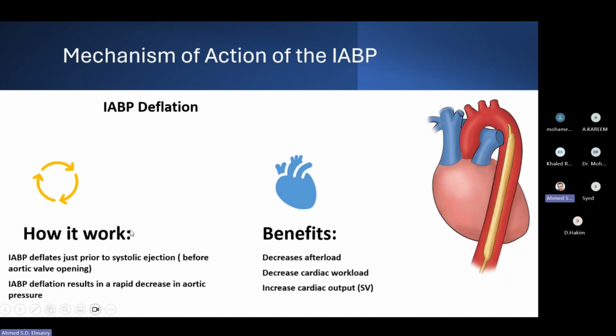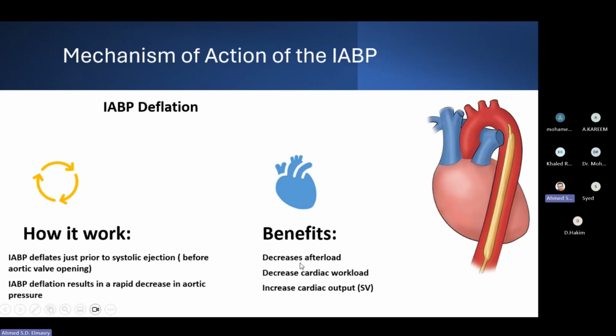During the balloon deflation, it will deflate just prior to the initiation of the systole, before opening of the aortic valve. The intra-aortic balloon deflation results in rapid decrease in the intra-aortic pressure. This will create a negative pressure.